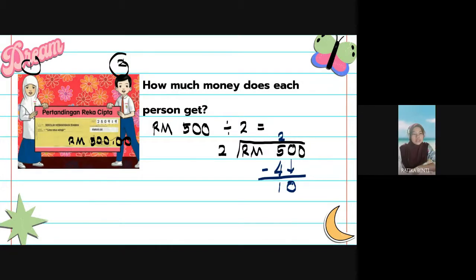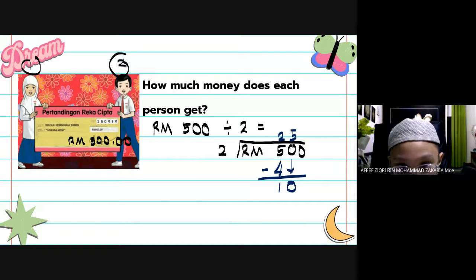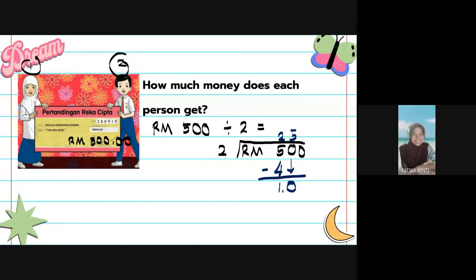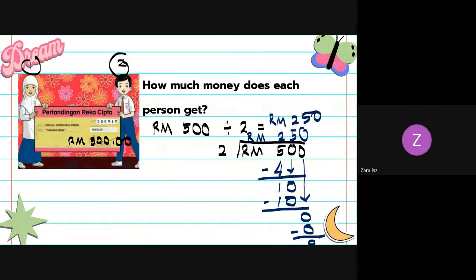Apa yang ada 10? 5. Siapa jawab ya? Bapak Afif, is it? 10. Okay, so minus. Okay, bring down. Ada lagi kan yang nak bawa turun? 0. So, 0. So the answer is, don't forget to write down ringgit Malaysia. So the answer is 250 ringgit each. Each of them will get 250 ringgit.